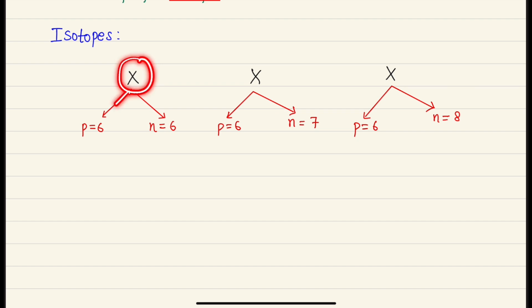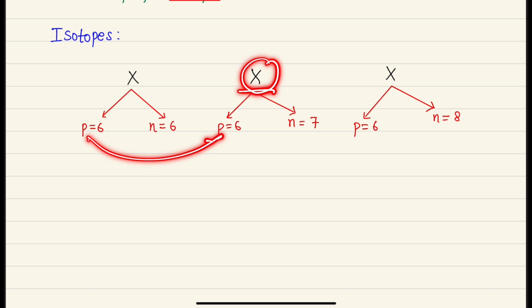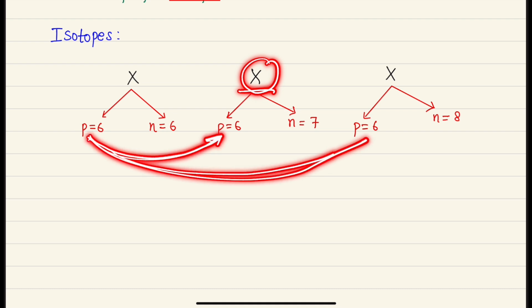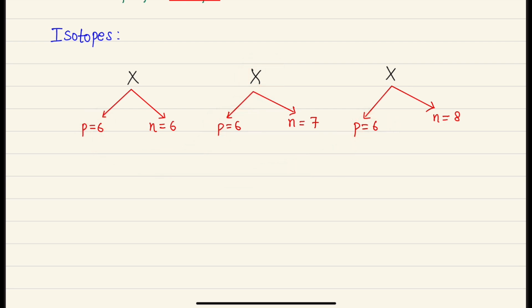See here, in this atom we have number of protons equal to 6 and number of neutrons equal to 6, but in this atom same protons. In all the atoms I am taking the same protons: 6, 6, 6.